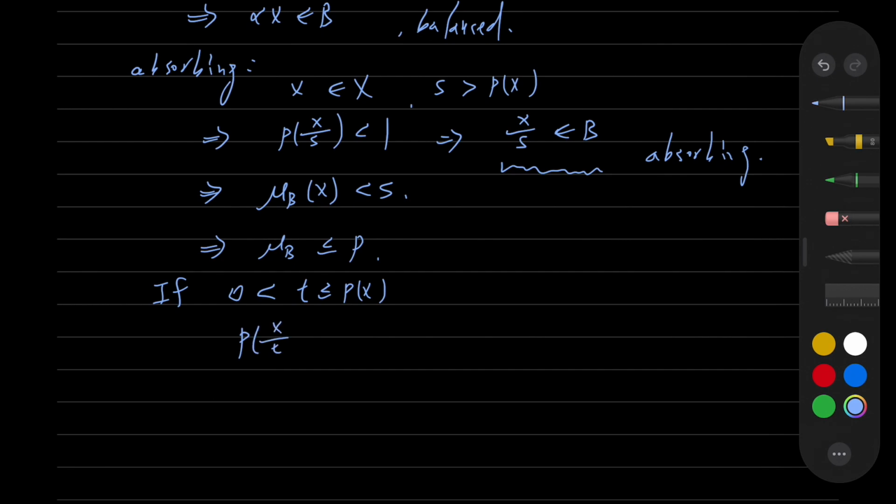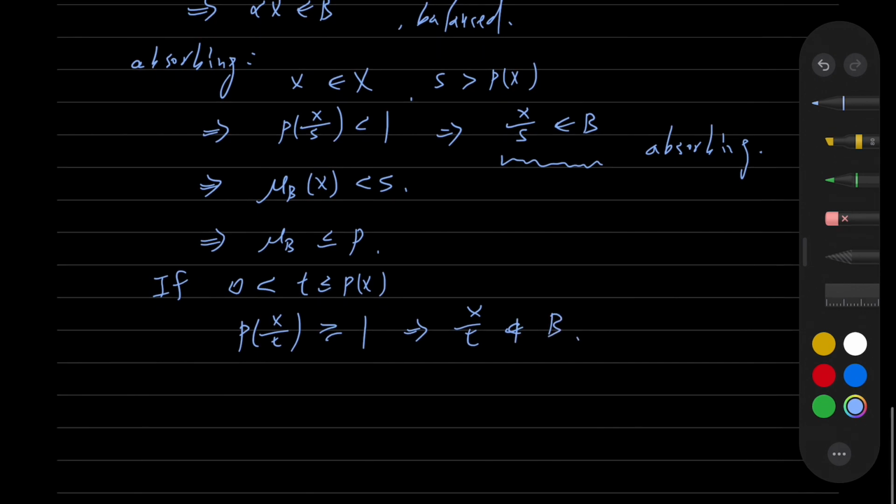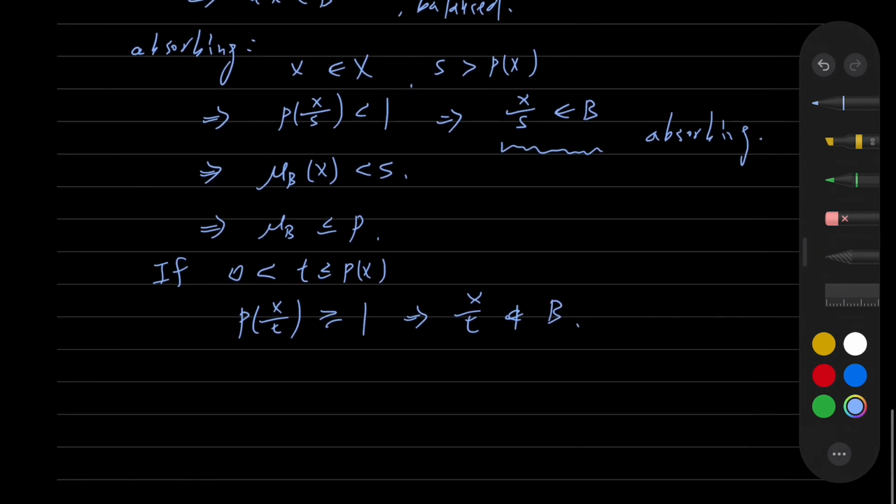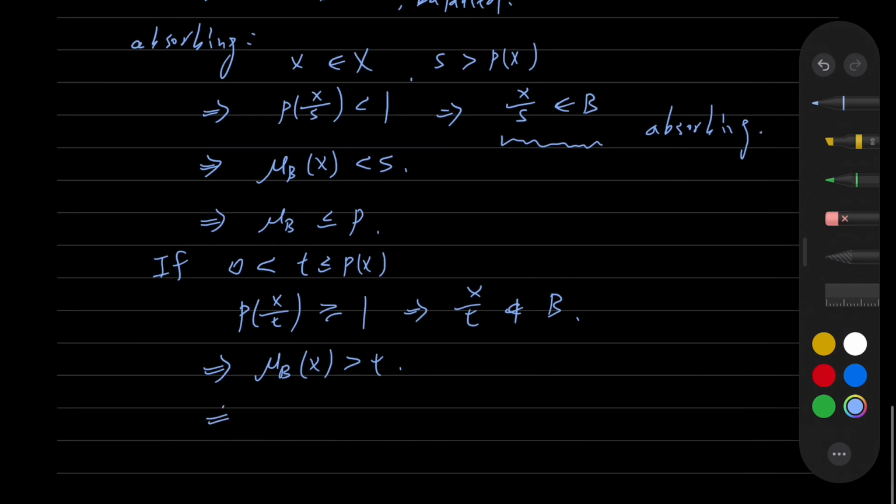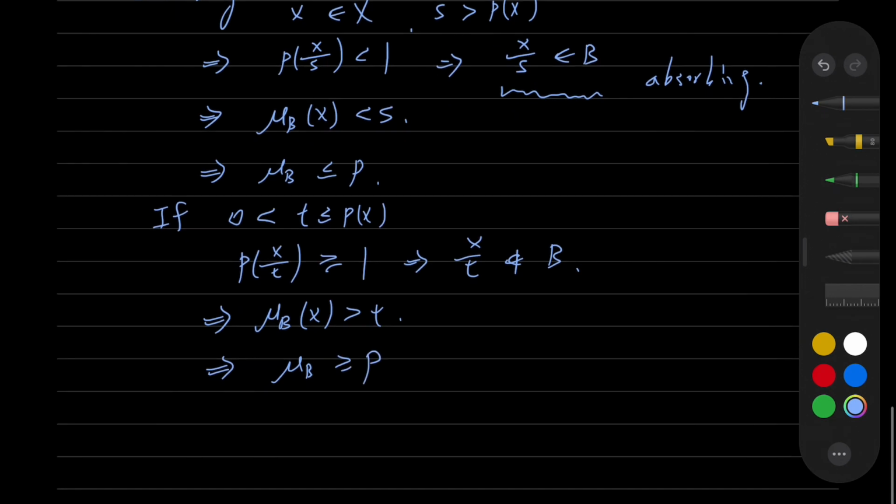P of x over t is larger or equal to 1, which means that x over t is not inside B. So mu B of x is larger than t. So this proves that mu B is larger or equal to P. So this finishes the proof that mu B is equal to P.